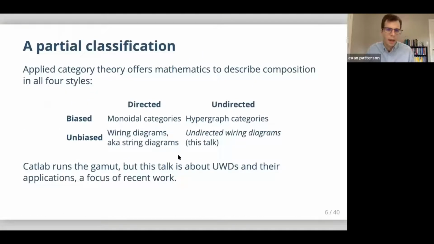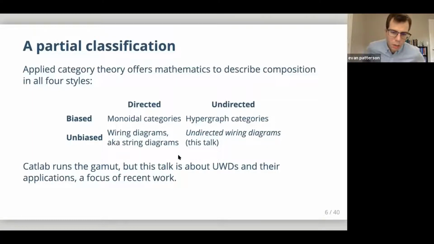And as it happens, applied category theory offers mathematical tools to analyze all four combinations of these styles of composition. CatLab itself is not particularly ideological on such things. It has functionality that runs the gamut across this space.